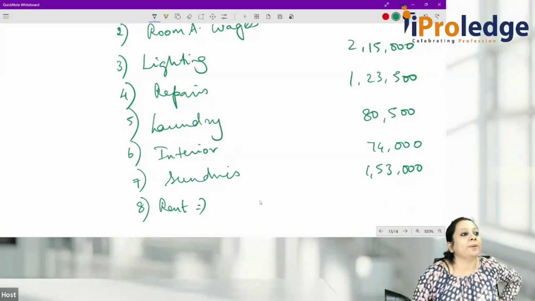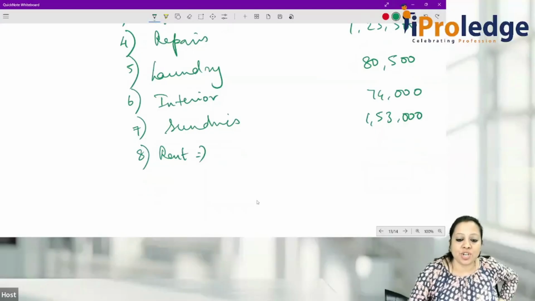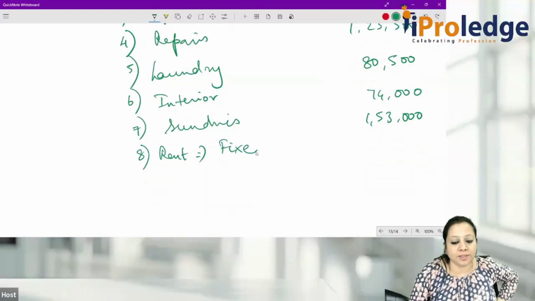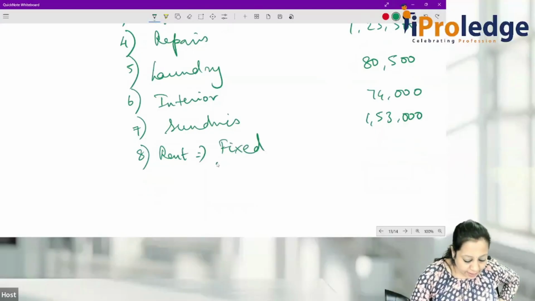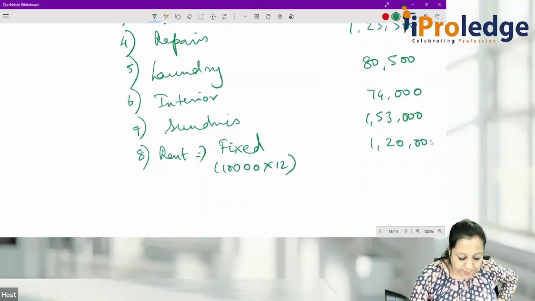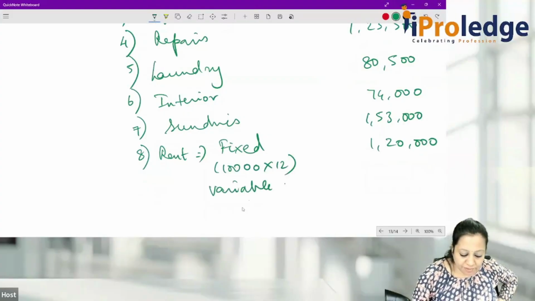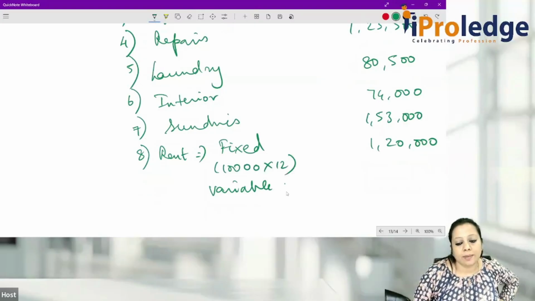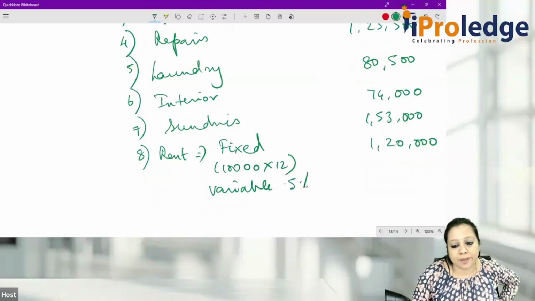But here it is given to be a semi-variable cost, so we are taking it as such. The fixed portion of the rent is nothing but 10,000 into 12, that is 1,20,000. Now the variable portion of the rent that we should find out. This is going to be 5% of the takings. Am I right, students? So 5% of X, let us assume.